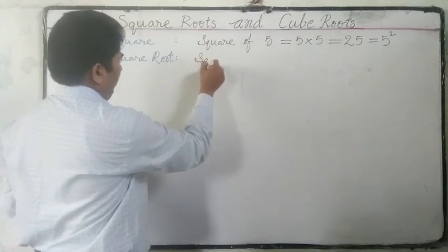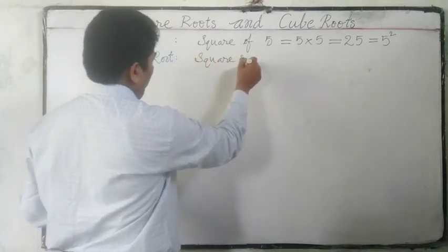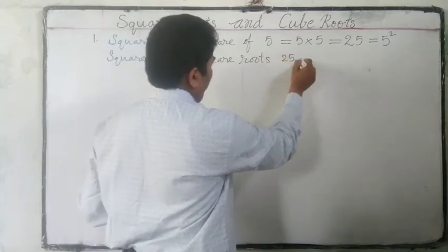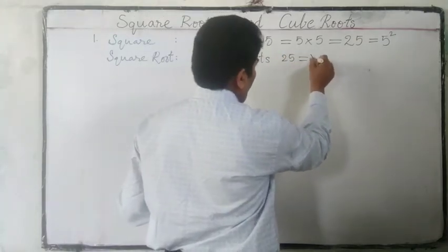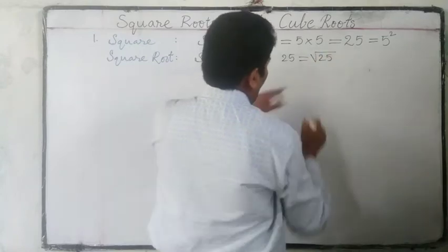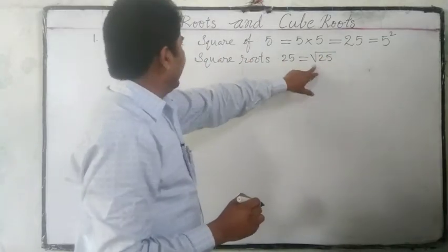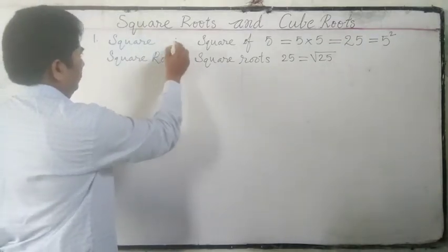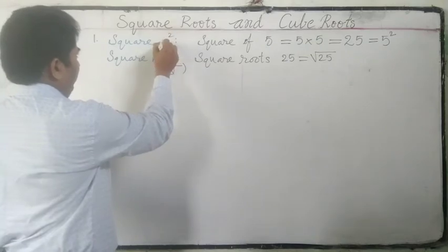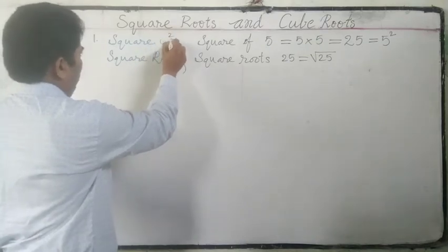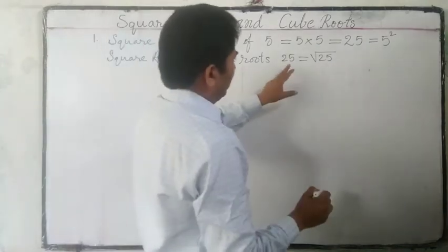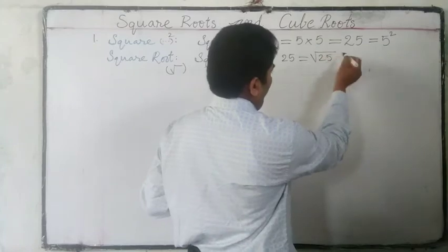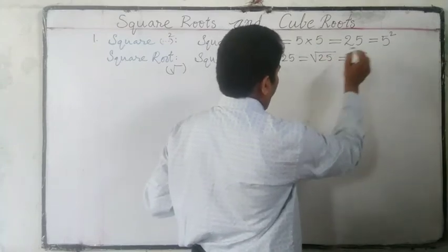Square root of 25 is equal to, this is the symbol to indicate square root. Square root of 25 is equal to 5.